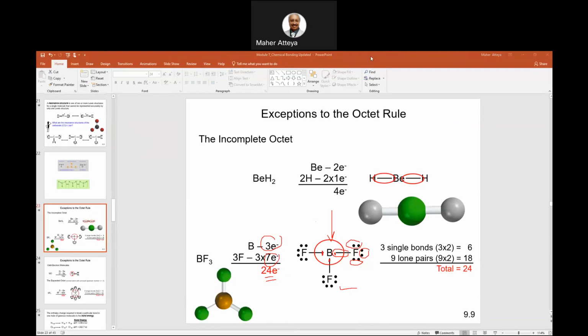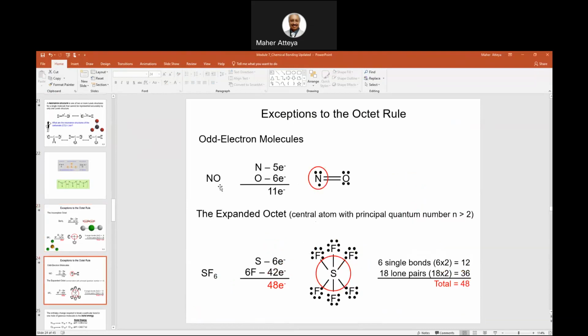Let's look at another example here. NO. You see here, the nitrogen is 5. Oxygen is 6. 11 electrons. So if you make it like this, oxygen in this hand, 2 here and 2 here, 4, 5, and 6.